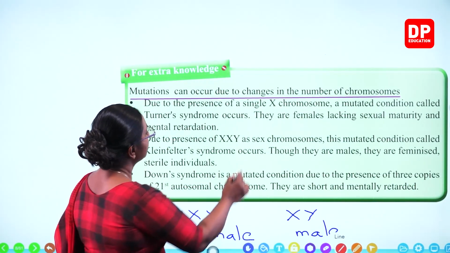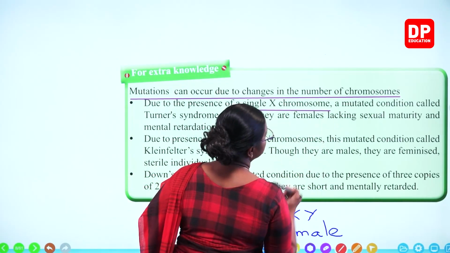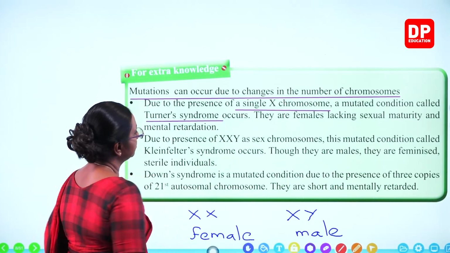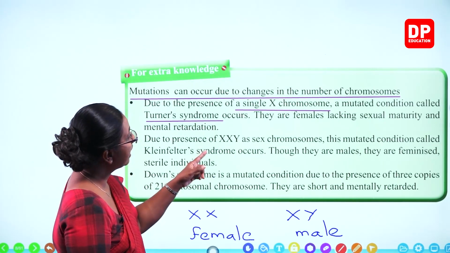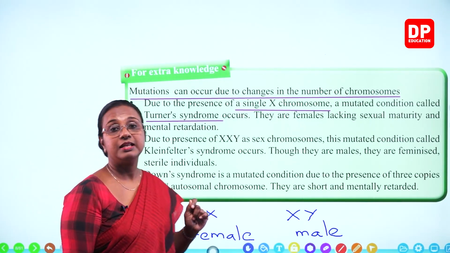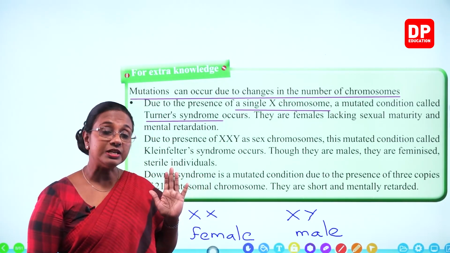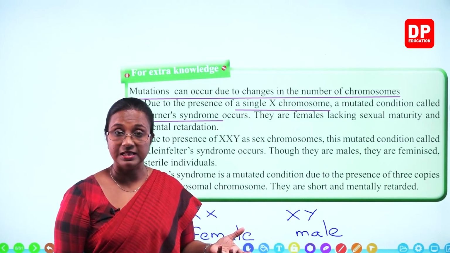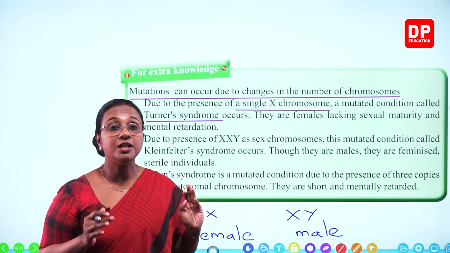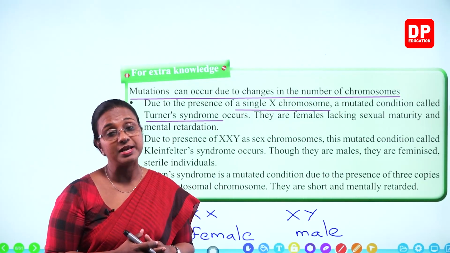So here, due to the presence of a single X chromosome, a mutated condition called Turner syndrome occurs. They are females lacking sexual maturity, with mental retardation. So if it is only the X chromosome, they are females. They do have the female characteristics, but they don't show sexual maturity.